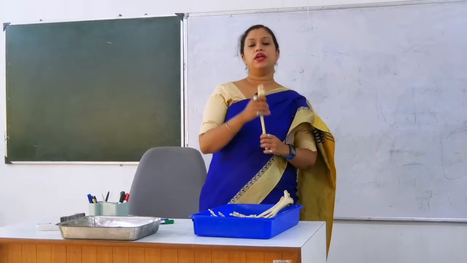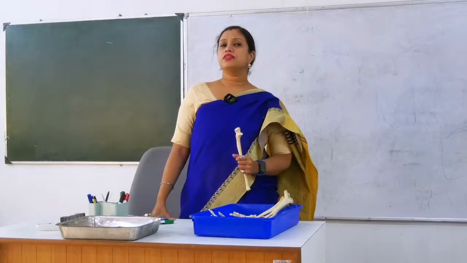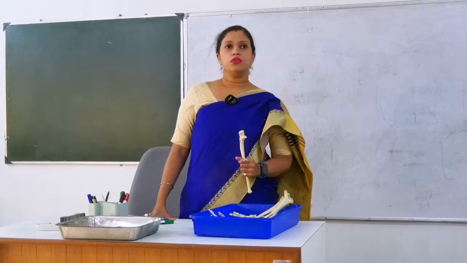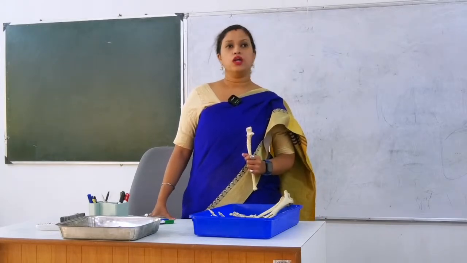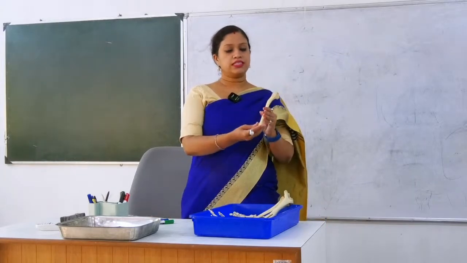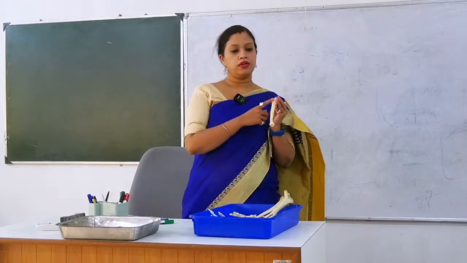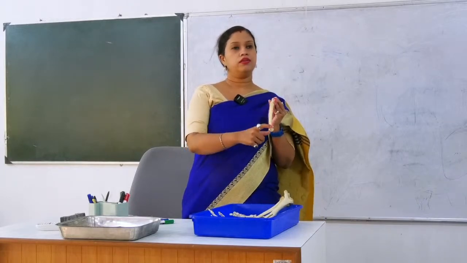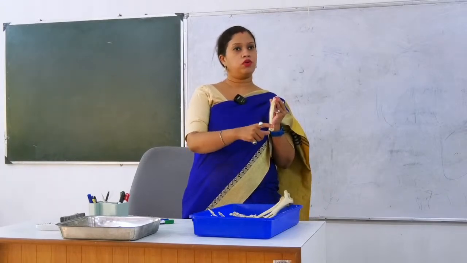Now to the shaft. Write it down. The shaft has how many borders and how many surfaces? Just like other long bones, that means 3 borders and 3 surfaces. So what are the borders? This is the anterior aspect, right? So which one is the anterior border? This one, which is going to the head of the ulna.